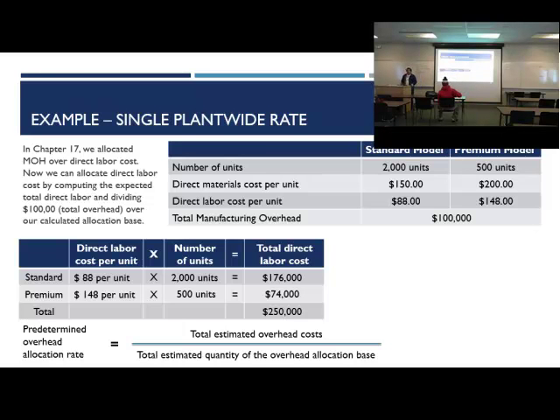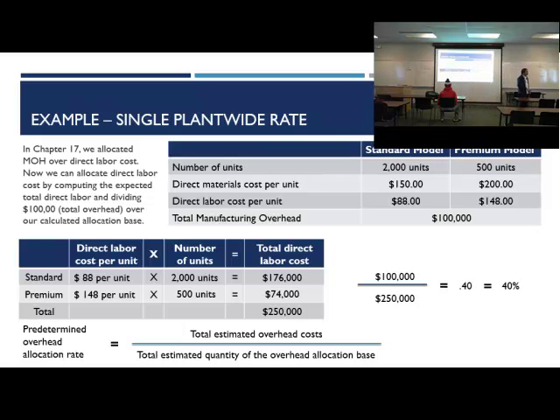What's our estimated MO? $100,000. What's our cost driver? Which would be? $250,000. That gets us 40%.